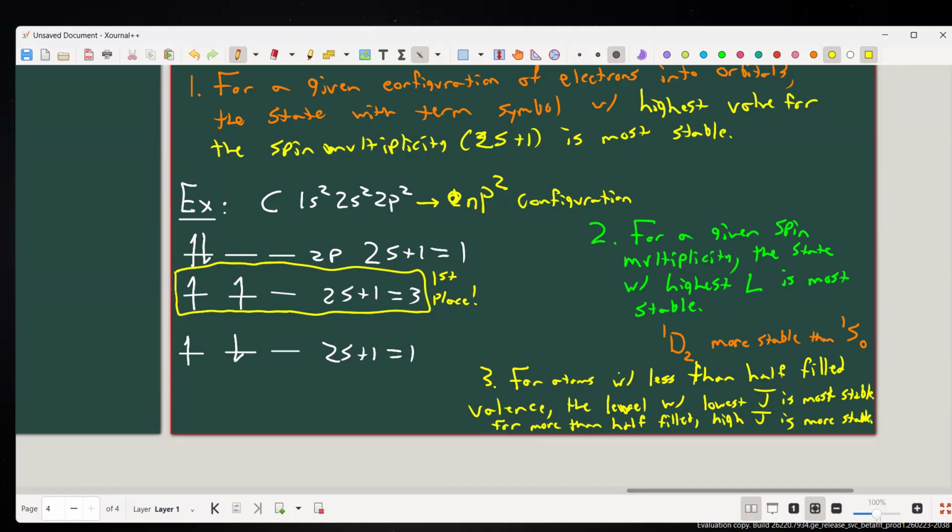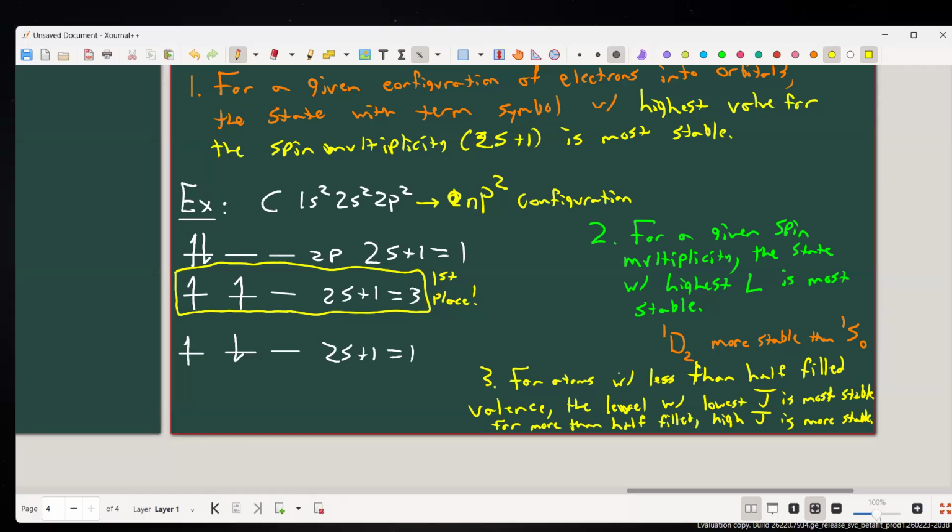But what this third thing is saying is exactly the same argument I made before. Which is that if you have a valence that is mostly empty, there isn't a lot of repulsion. So that means that the centrifugal motion of the electron is dominating the repulsion. And so a more stable electron that doesn't have a lot of repulsion is one that's moving more slowly, a smaller J. If there's a lot of electrons in the valence, there's a lot of repulsion, and my claim kicks in again, which is that the electron wants to stay as far away as possible.